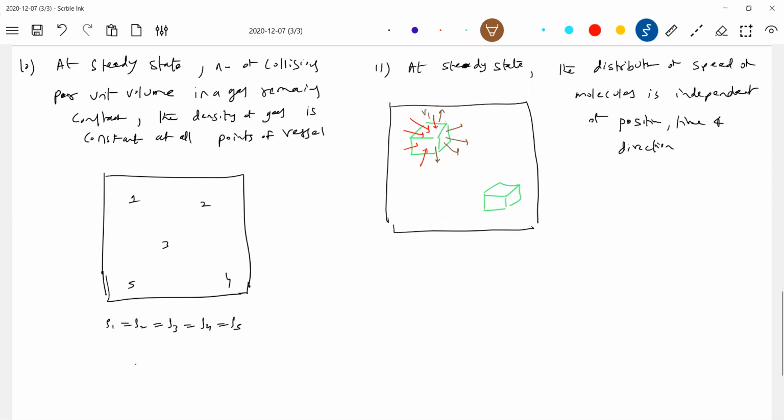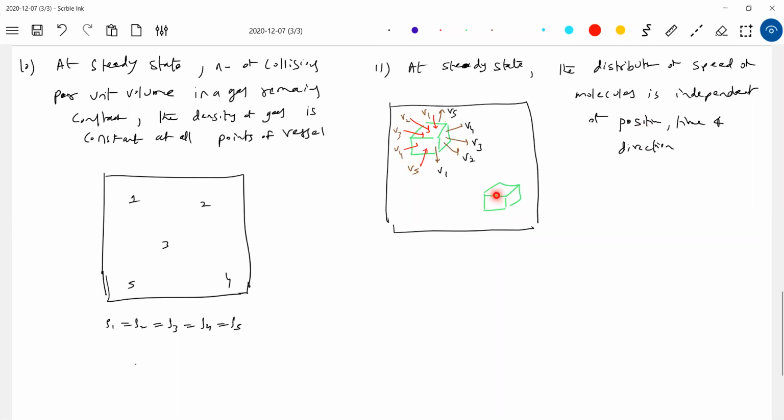Okay, this is V1, V2, V3, V4, V5. Similarly, this should be V3, V4, V5, V2, and this V1. Able to understand now? So this is for independence of time, and the direction. What about position?